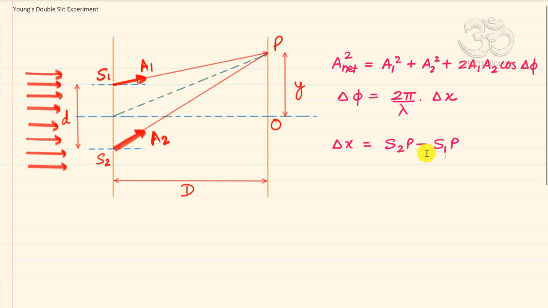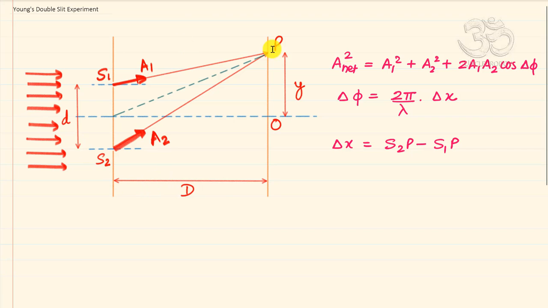Now that is all right, but the expression will be so difficult to simplify that we will not be able to proceed without making some assumptions, and those assumptions are actually pretty reasonable because they relate to the size of this apparatus.